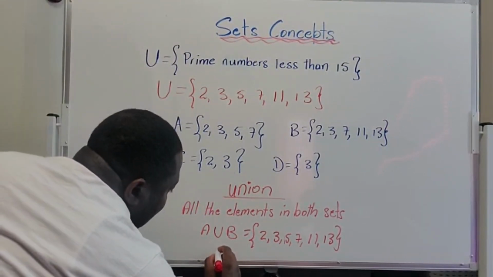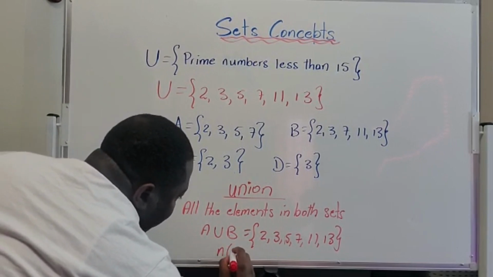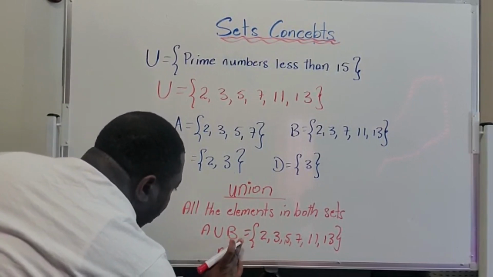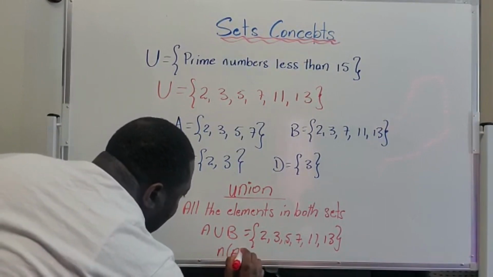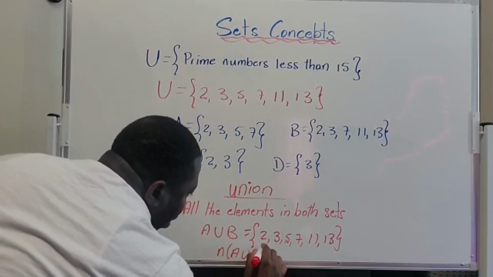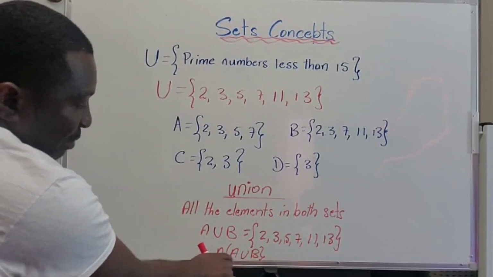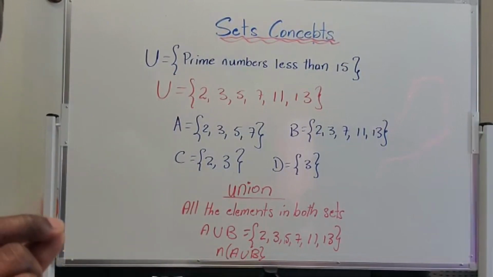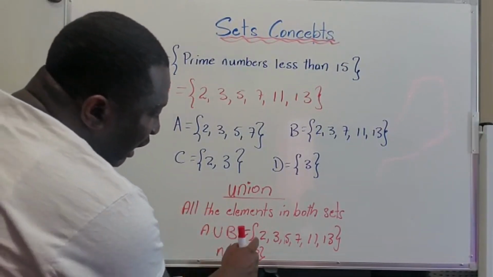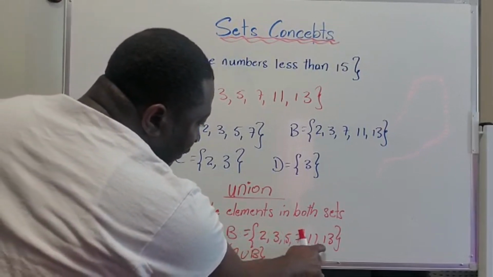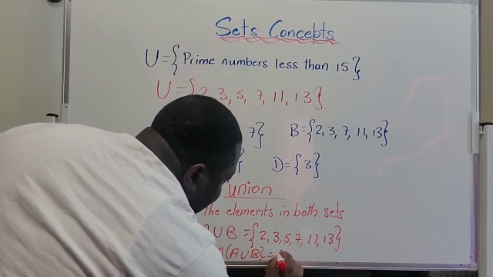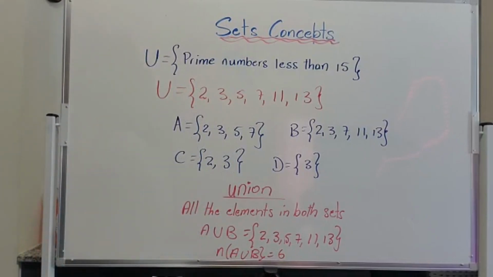Now what if you were asked the number of elements in A union B? So if you were asked the question, how many elements are in A union B, what we need to do in this case, guys, is to count the members of the set. 1, 2, 3, 4, 5, 6. So it would be 6 elements in A union B. Let us take another one.